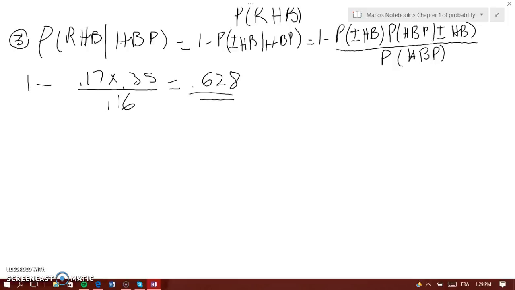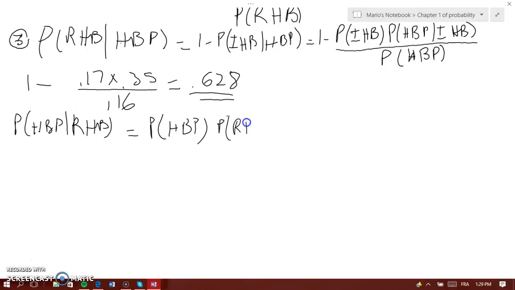Now, by conditional probability, we would have the probability of high blood pressure given regular heartbeat equal to the probability of high blood pressure times the probability of regular heartbeat given high blood pressure, over probability of regular heartbeat.